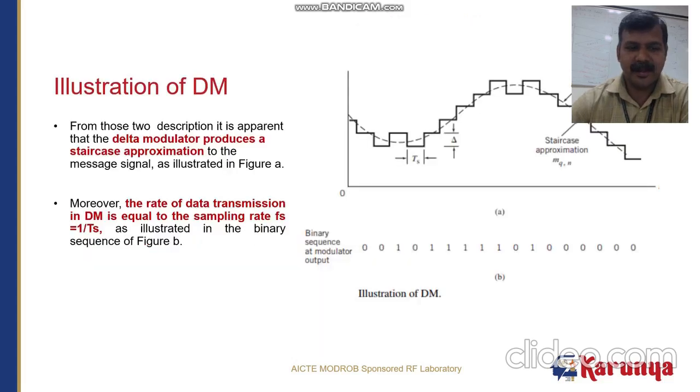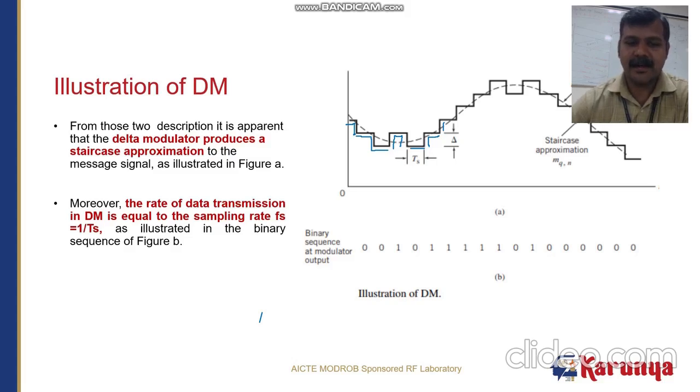We have seen that delta modulation produces a staircase approximation. You can see here, based on the del size, plus or minus with respect to every successive sample, there is a staircase approximation which comes up here, with the time duration equal to the sampling period Ts, and del being the step size.